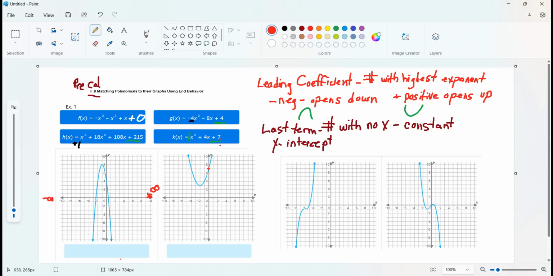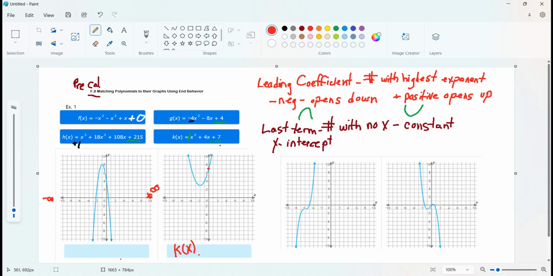So this equation goes with this graph. On IXL you can drag these, but this graph matches the K function.